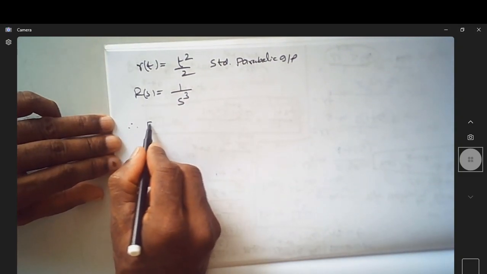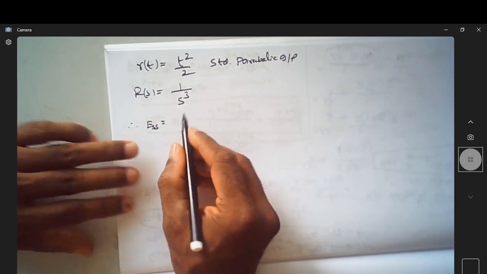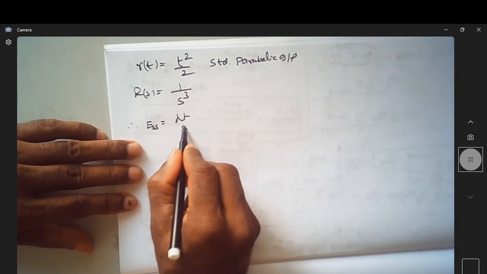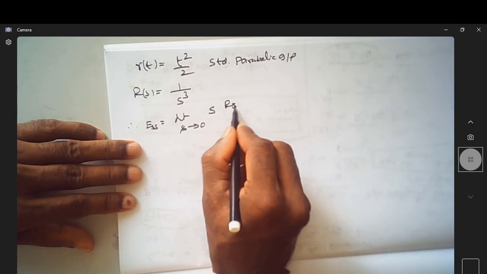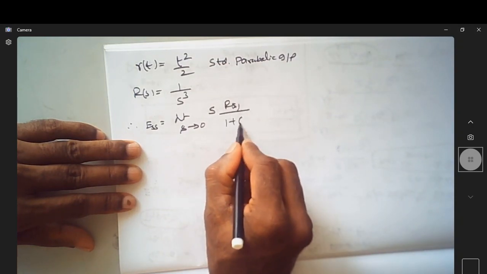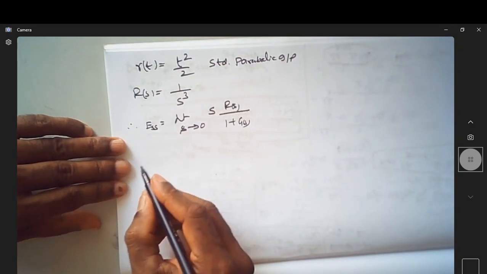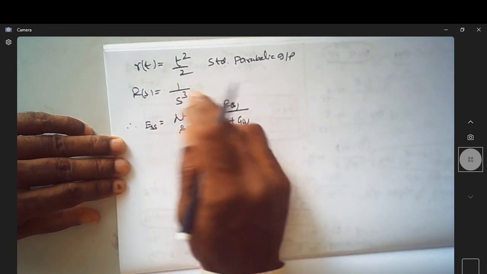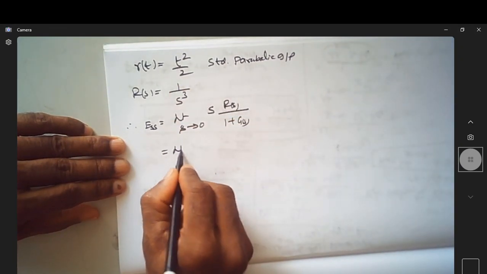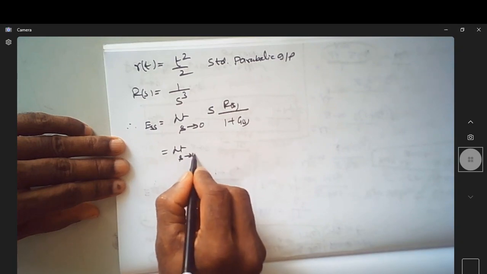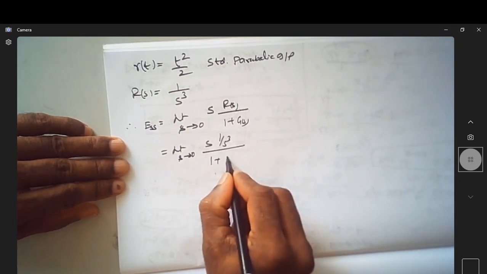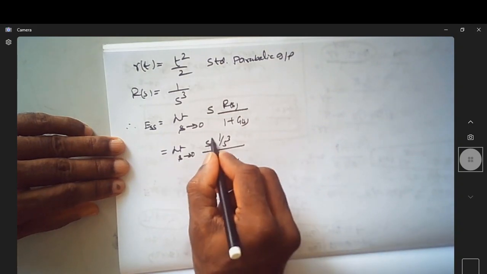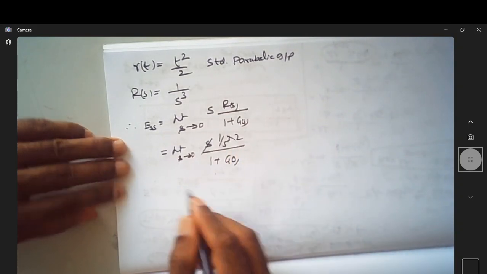Therefore, what is ESS? ESS is given by limit of s tending to 0 of s into R of s by 1 plus GFS. Substituting R of s as 1 over s cube, this becomes limit of s tending to 0 of s into 1 over s cube by 1 plus GFS. This will go with this and it will become s square.